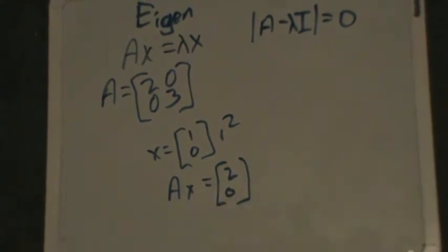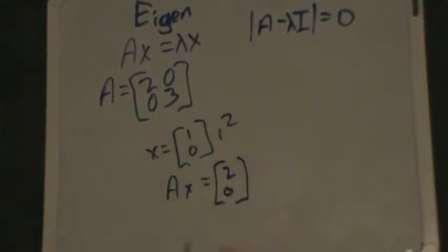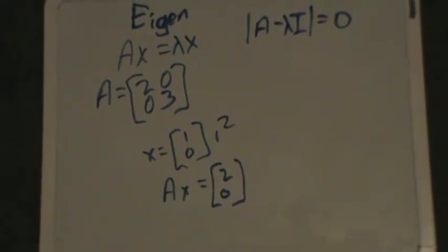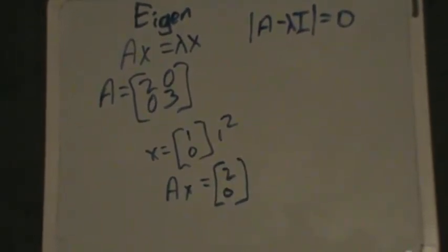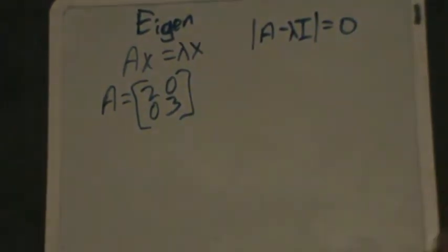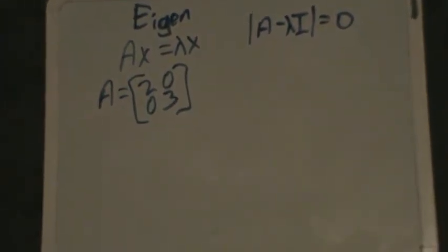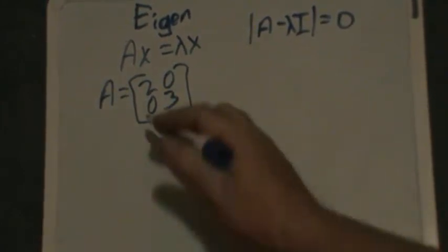Don't worry, I'll show you how to calculate these in a sec. I'm just showing you that you can actually see these things work by calculating them out. The second x you should be able to guess is 0, 1 for this particular matrix, and that will give you 3 times that vector, which is exactly what we said it would do. That's just a quick hint of why I picked this, because it gives me a quick, easy way to show you and for you to check.